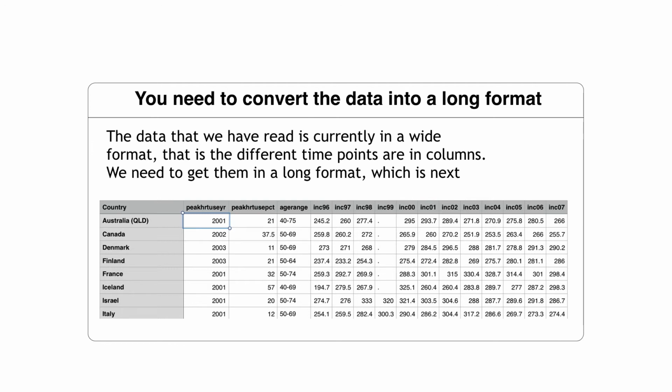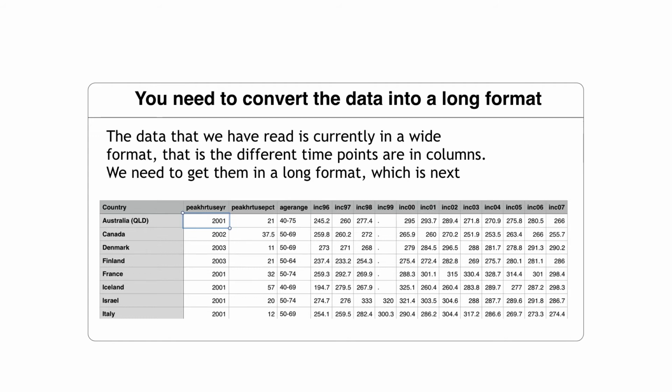You can see that the first column is the country. So the country here is the unit of analysis. In the second column, we see the year in which, in these countries, hormone replacement therapy reached its peak. So it's got peak HRT year, and that is a year variable. It's represented here in the form of a number, and it will be read like that.